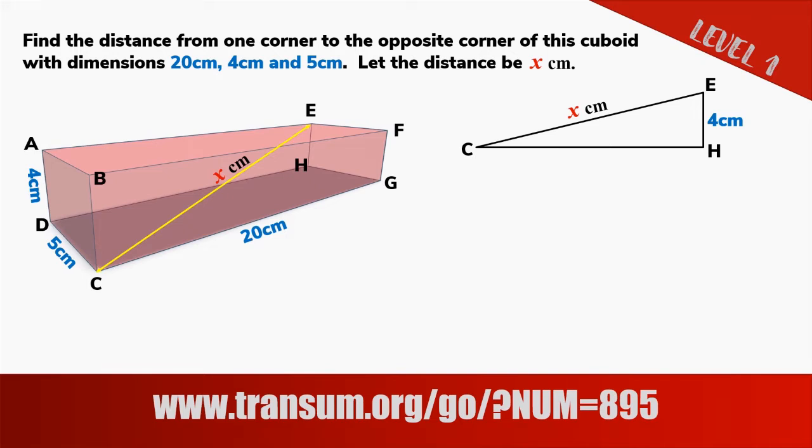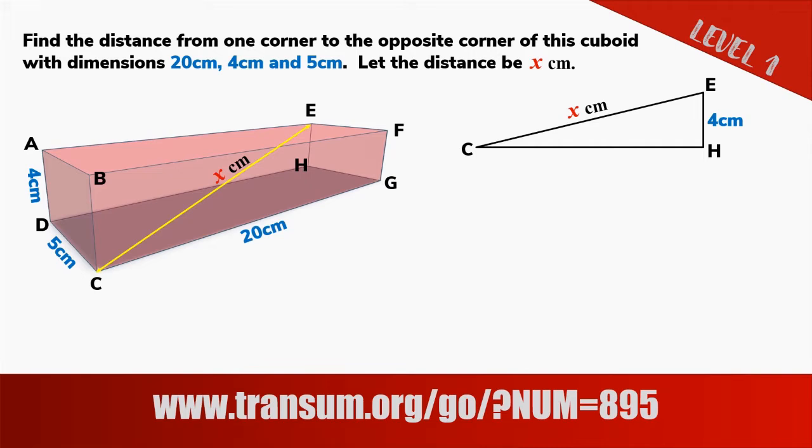So in this case, I've drawn the triangle EHC, and I've let X be that distance that we're trying to work out. So I know that EH is 4 centimeters, but I don't yet know the length of CH. That's the diagonal of the base of that cuboid.